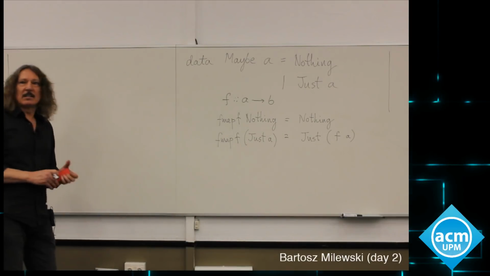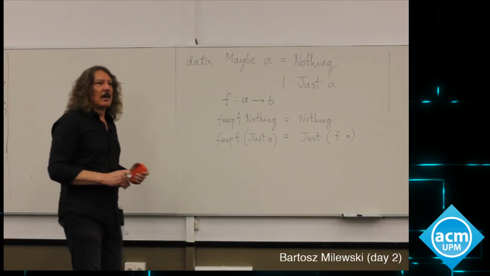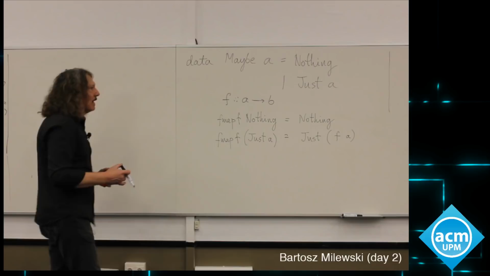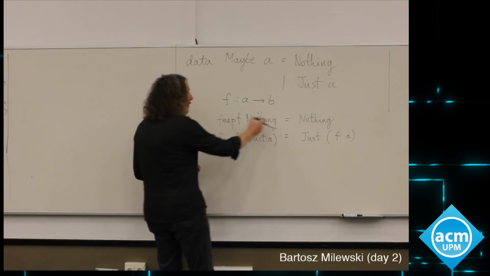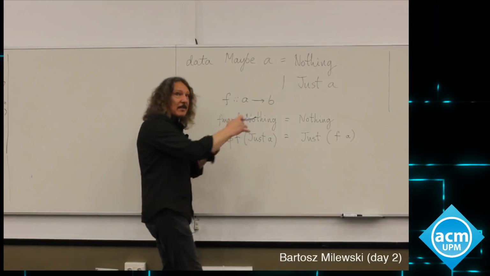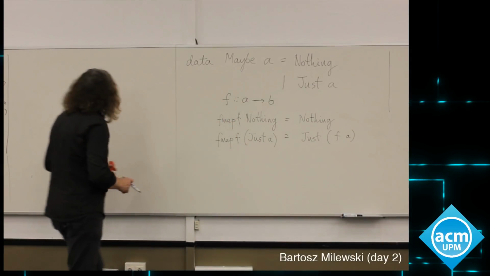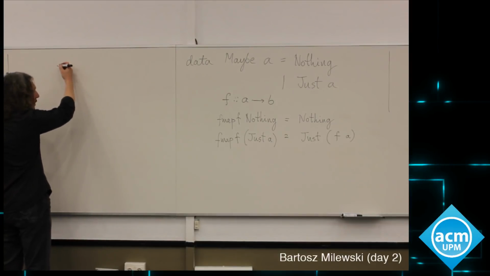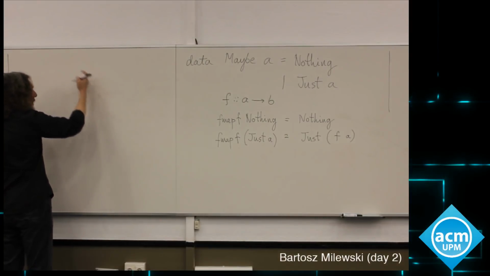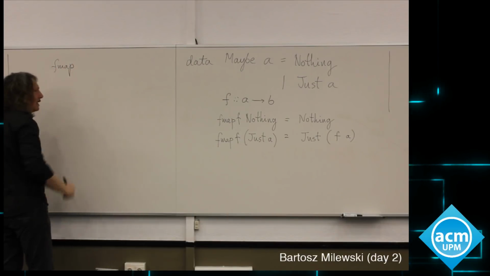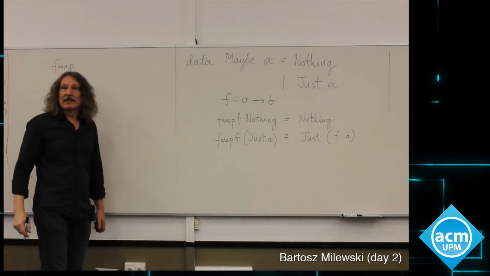Reasoning in Haskell is based on replacing things with equal things. When you have a definition of fmap or a definition of a data structure, you can always replace one thing by another. So we would like to show, for instance, that fmap takes identity to identity.